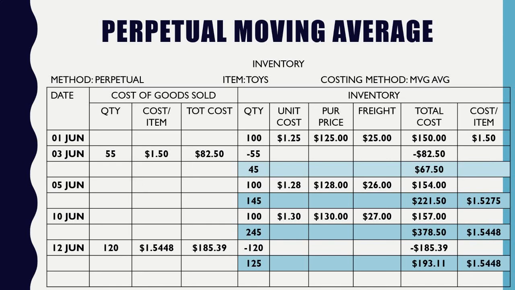In this case, it's still going to be $1.5448. That stays the same. So once again, we note that at the end of the 15th, we should have a grand total of 125 toys on hand.